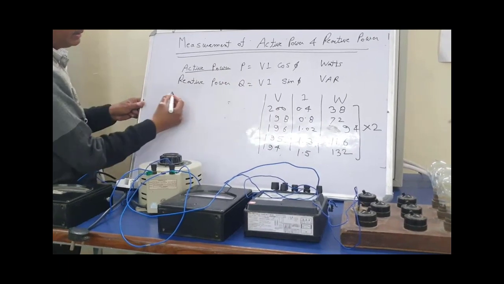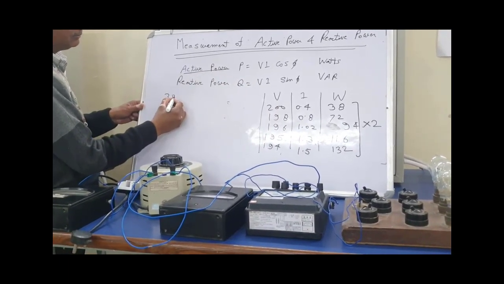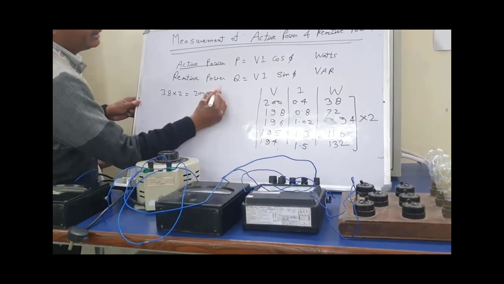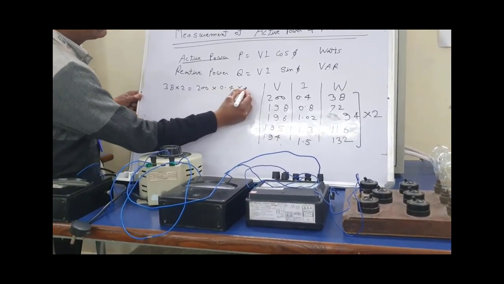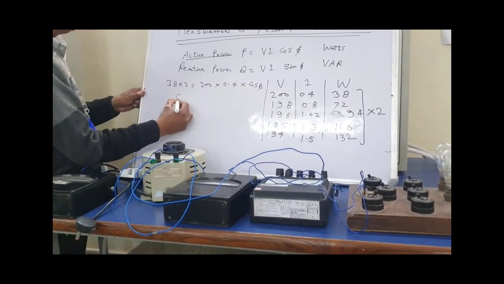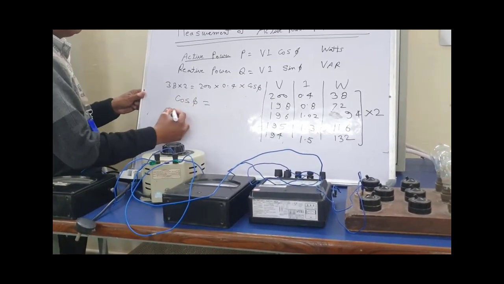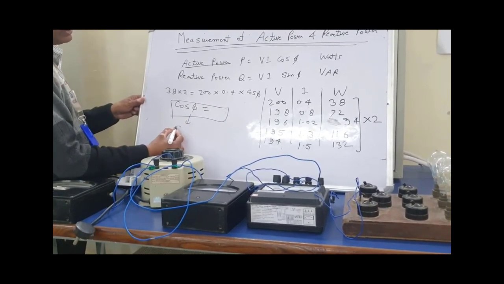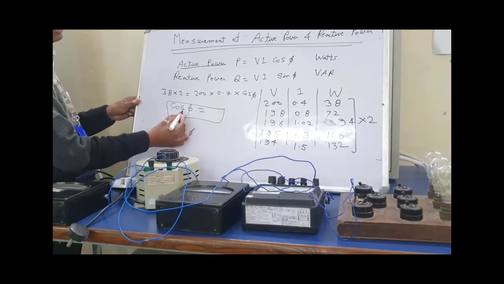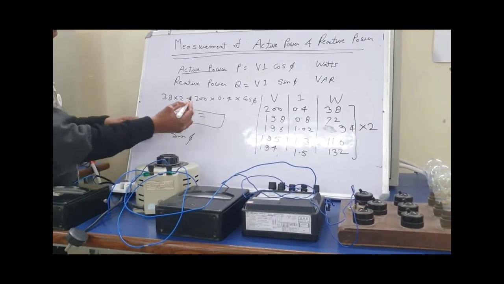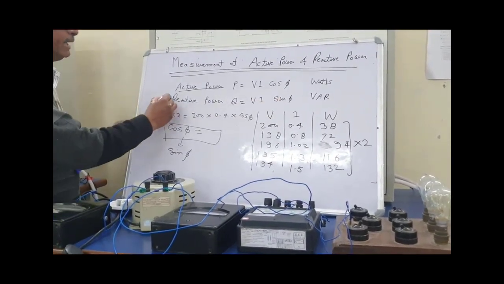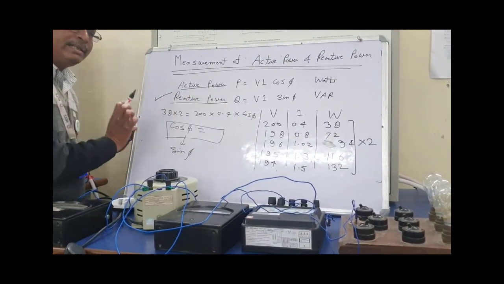P, the power, is 38 into 2. Voltmeter reading is 200, current reading is 0.4, and cos phi. So with the help of calculations, you will find the power factor cos phi and, with the help of a calculator, convert cos phi into sin phi. Putting all these values, V, I and sin phi, we can calculate the reactive power.